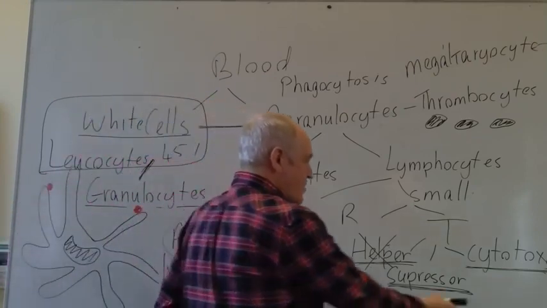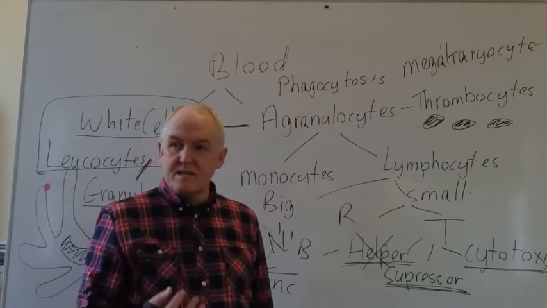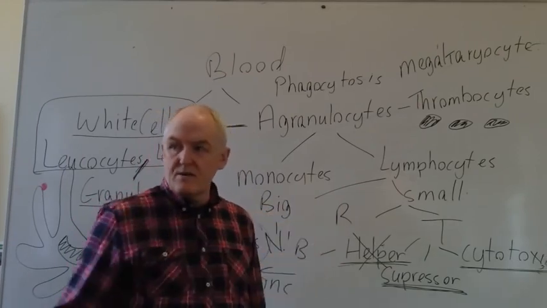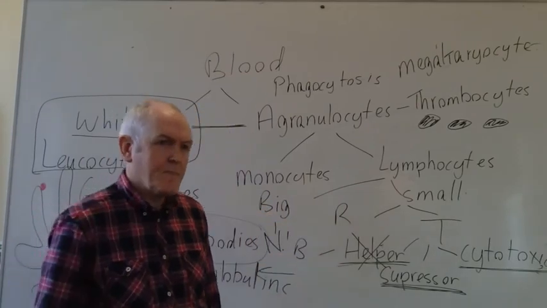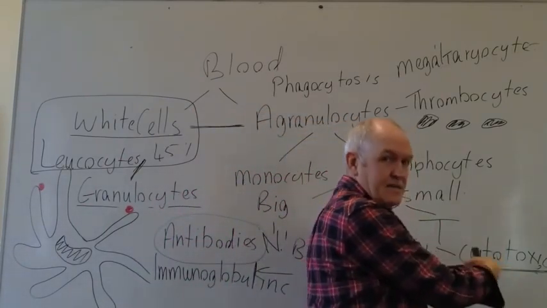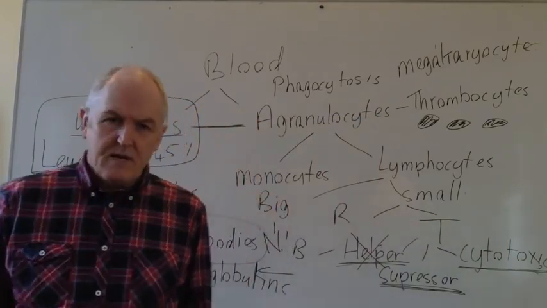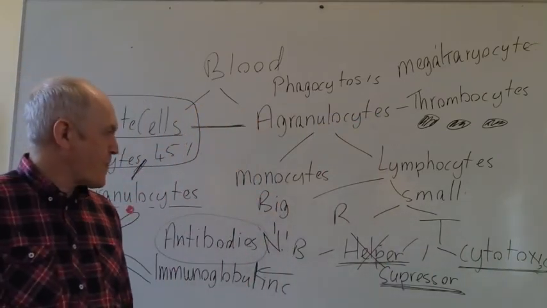So if the cytotoxic cells recognise a group of cells as being malignant, they can eradicate those very efficiently. If they don't recognise a group of cancer cells as being malignant, then those cells will proliferate and the patient can develop symptomatic cancer.